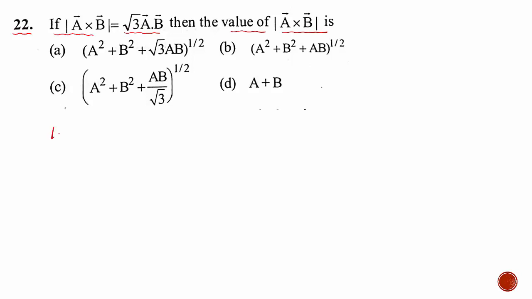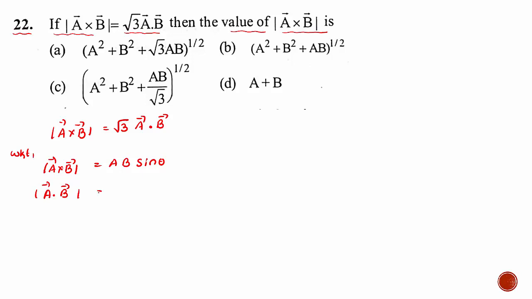Here you can observe mod of A cross B is equal to root 3 into A dot B. But we know that mod of A cross B is equal to AB sin theta, right? Similarly, A dot B is equal to AB cos theta, dot product and cross product.